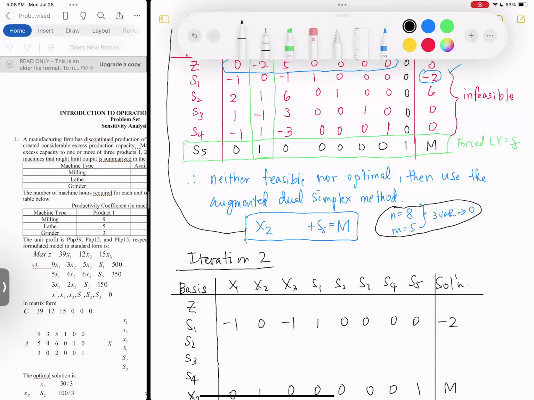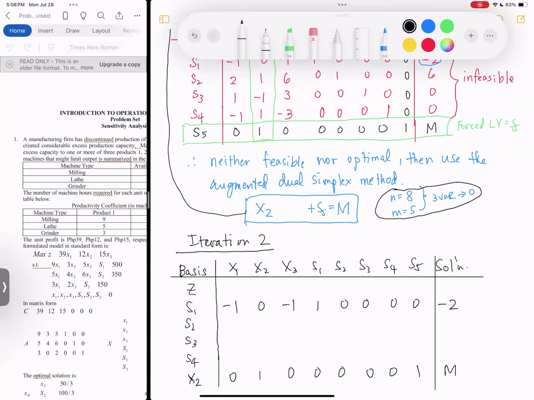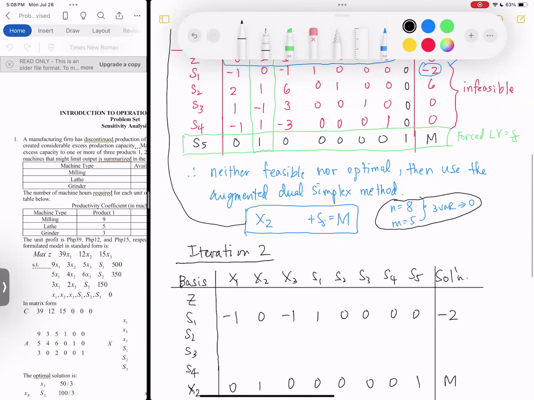Sir, for S2, sir. S2 row. Sige, go. 2, 0, 0. Sige, go ahead. 2, 0, 206 po. Okay, 0, 0.